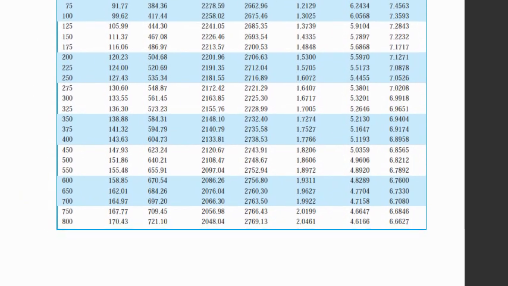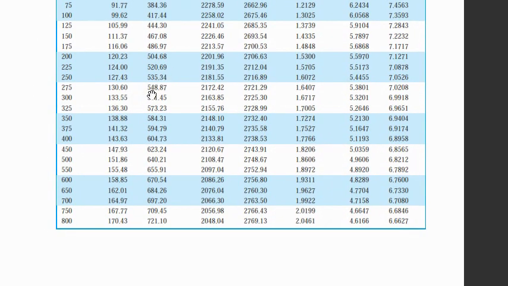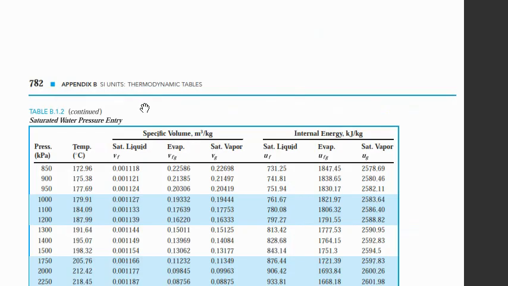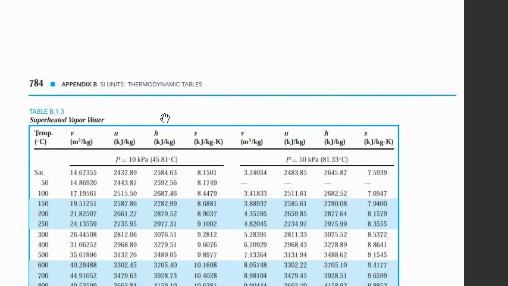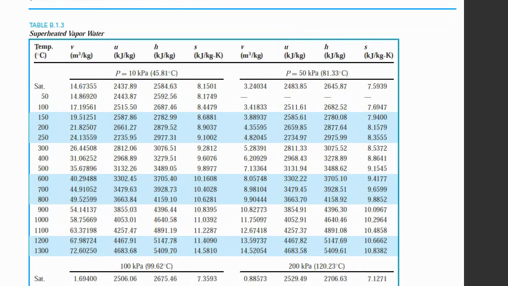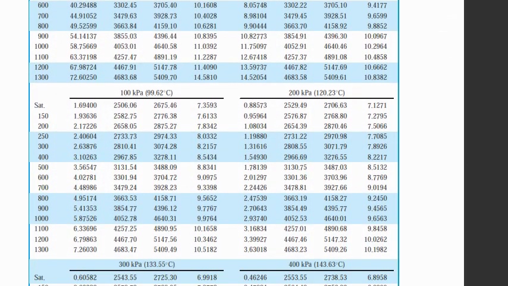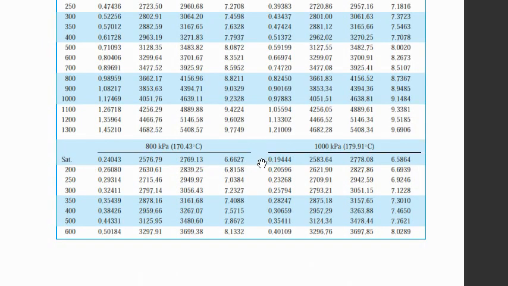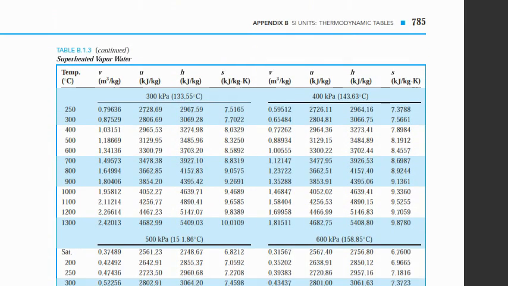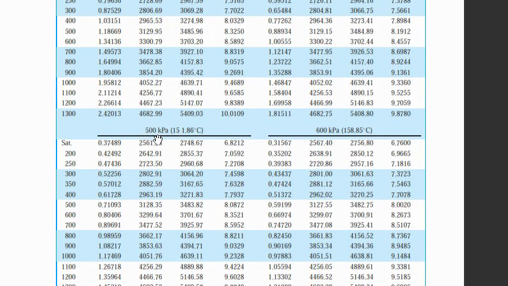This is the table again. So going to the superheated table, that is the superheated table at pressure of 500 kilopascal. This is the 500 kilopascal at 400 degrees Celsius.